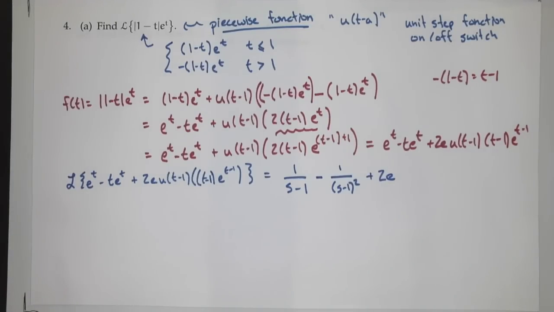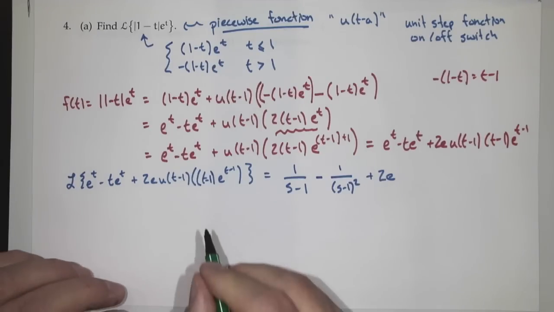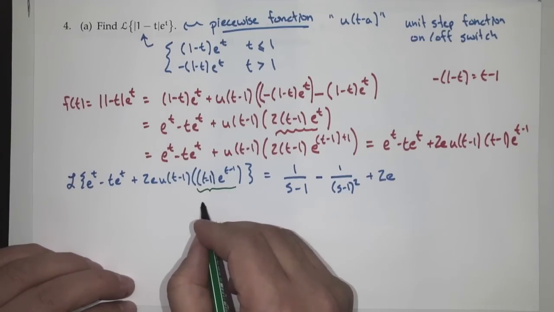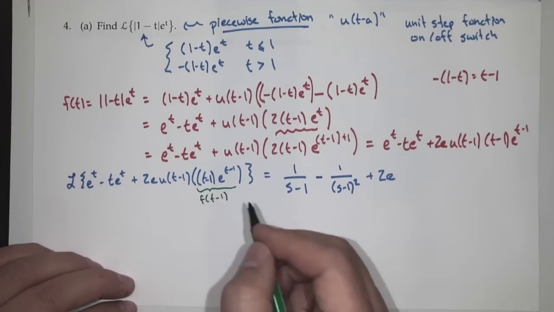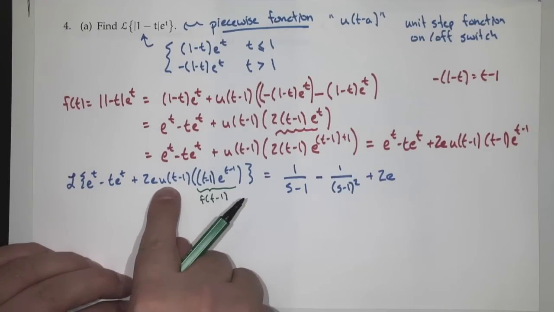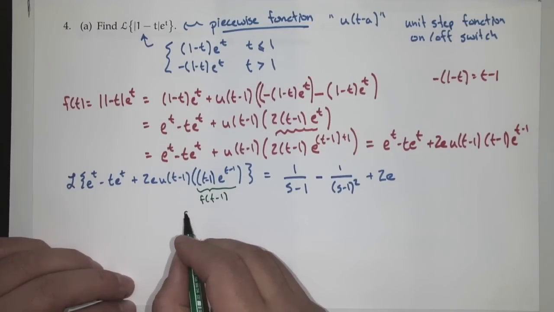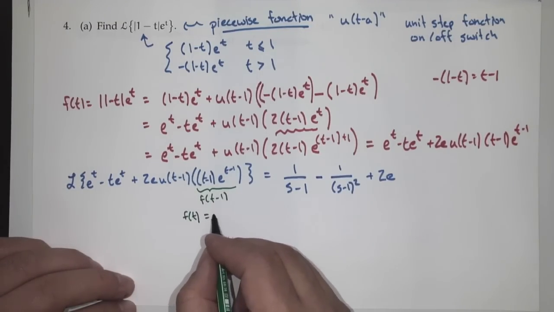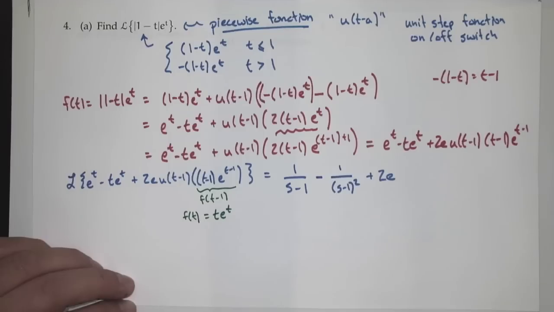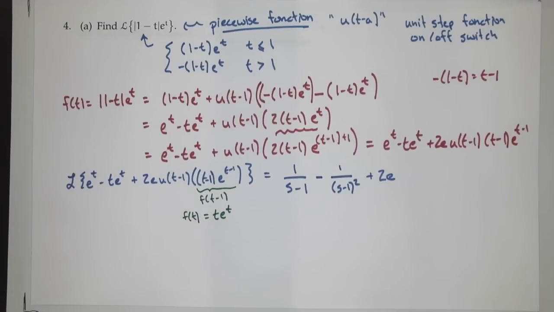And now we pause, say, well, this part right here is our f of t minus 1. Because we want u of t minus 1, f of t minus 1. So our f of t would be t e to the t. Just imagine everywhere you see a t minus 1, rewrite it with t e to the t.